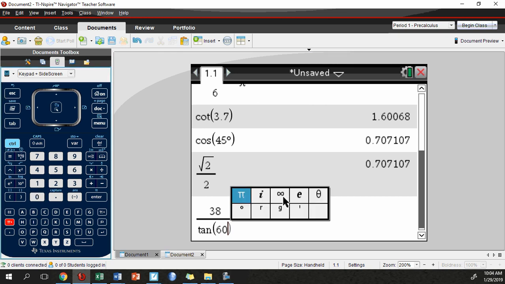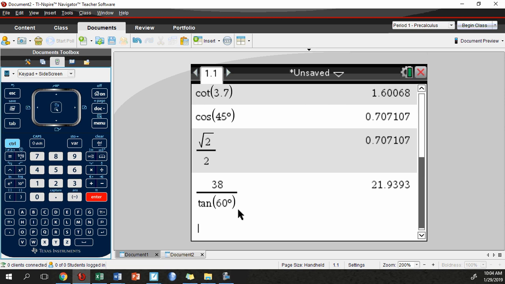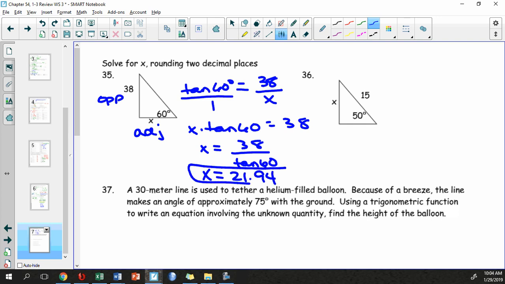Make sure that you have the degree symbol there because we're in radian mode, and hit enter. 21.94. Yes? Make sense? The same thing you do for 36.